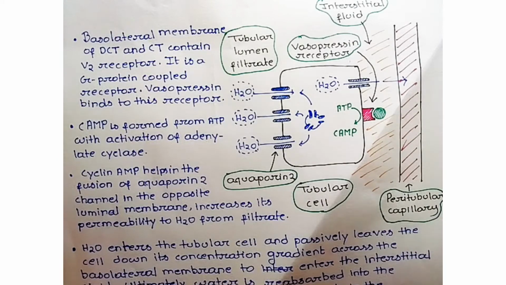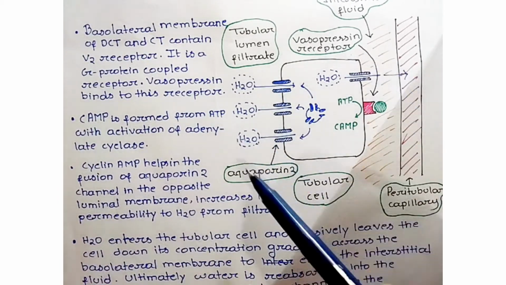So there are several functions of vasopressin, but today we discuss only the role of vasopressin in the kidney tubular cell in water reabsorption in H2O deficit condition. So we take a cell, that is a tubular cell.